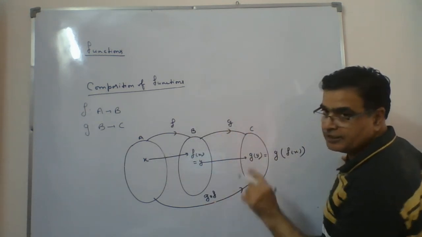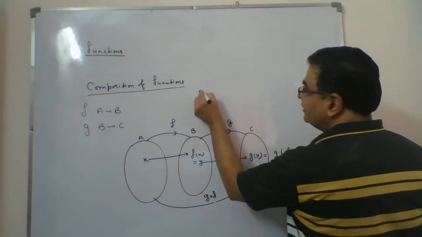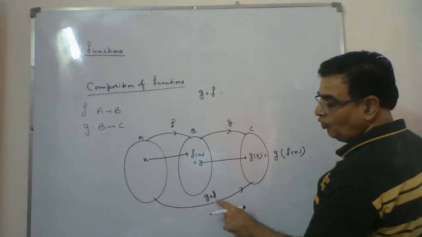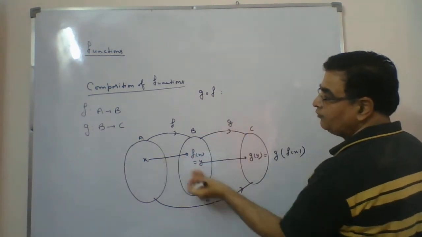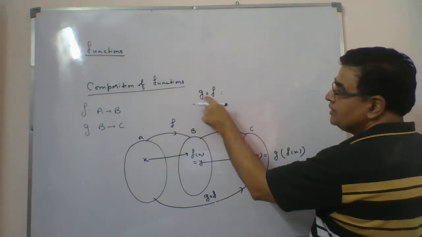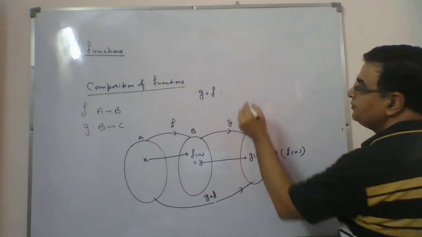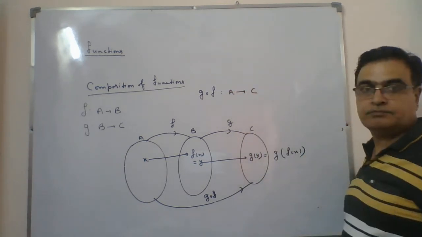It is called g composition f. So there is another function now we have defined, that is called composition, g o f. First function is f, on that we have imposed g. So g composition f is the composition of two functions, and this function will go from A to C.